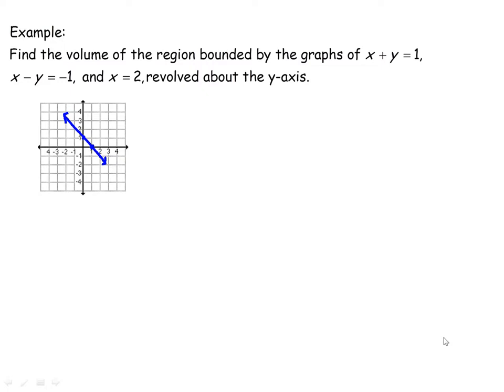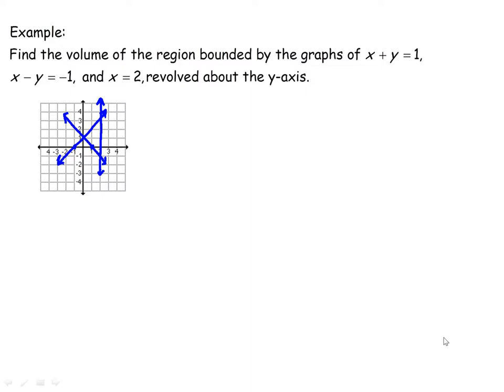So x is negative 1, y is 1. And so you have this line here. And then you have x equals 2, which is the vertical line going through the x-axis at 2. Revolved about the y-axis. So you're thinking, how in the world is that the washer method?